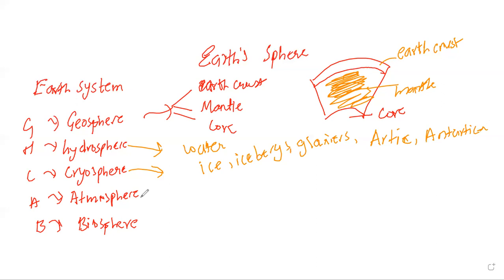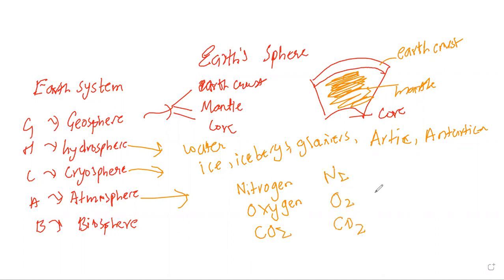Then later on in atmosphere, we spoke about, who's going to tell me, what is the atmosphere containing? What gases are there in the atmosphere? Nitrogen, oxygen, carbon dioxide, methane: N2, O2, and CO2.